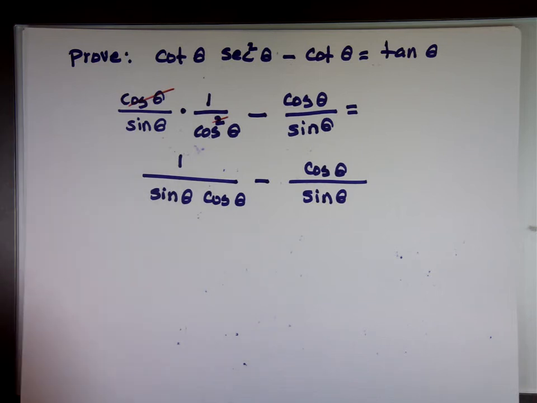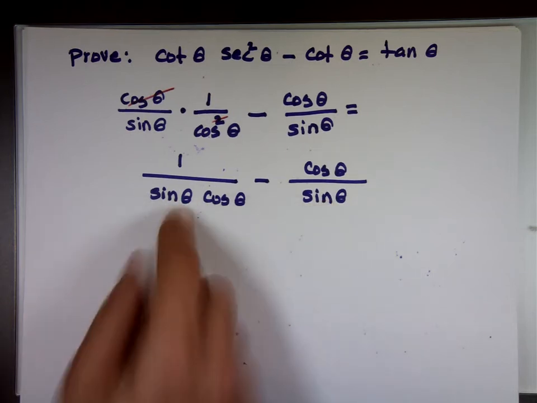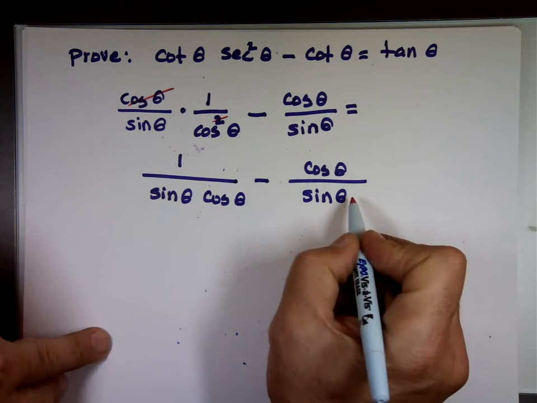Now, what do you notice the operation between them? What is that? Subtraction. And if you're going to add or subtract two fractions, what do you need? They gotta be like terms. Common denominators, like terms on the bottom, exactly. What can we do to this to make it look like this? Multiply by the cosine of theta.